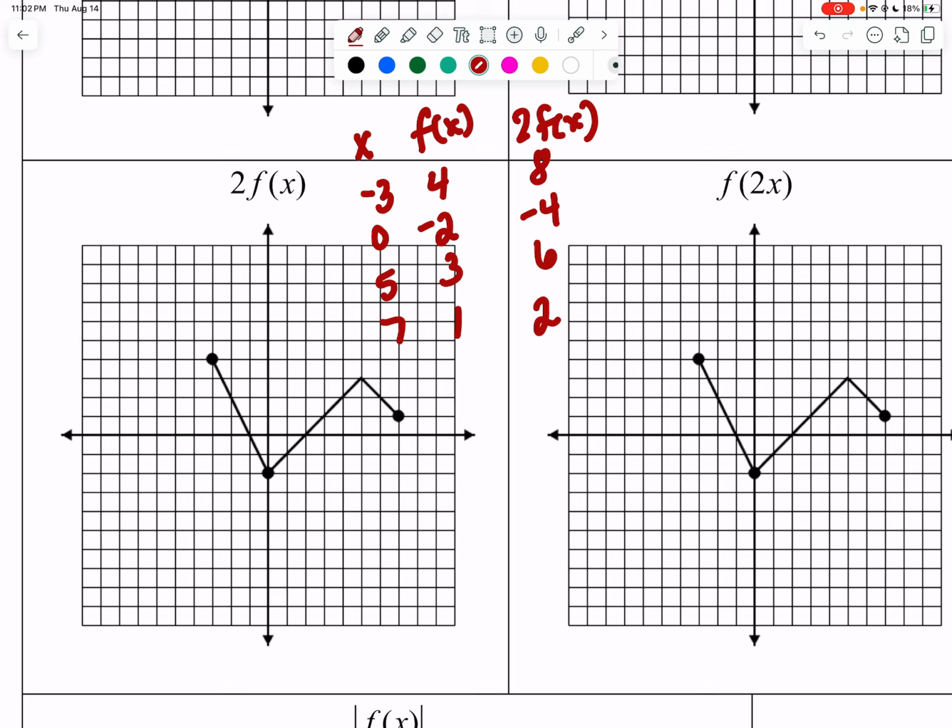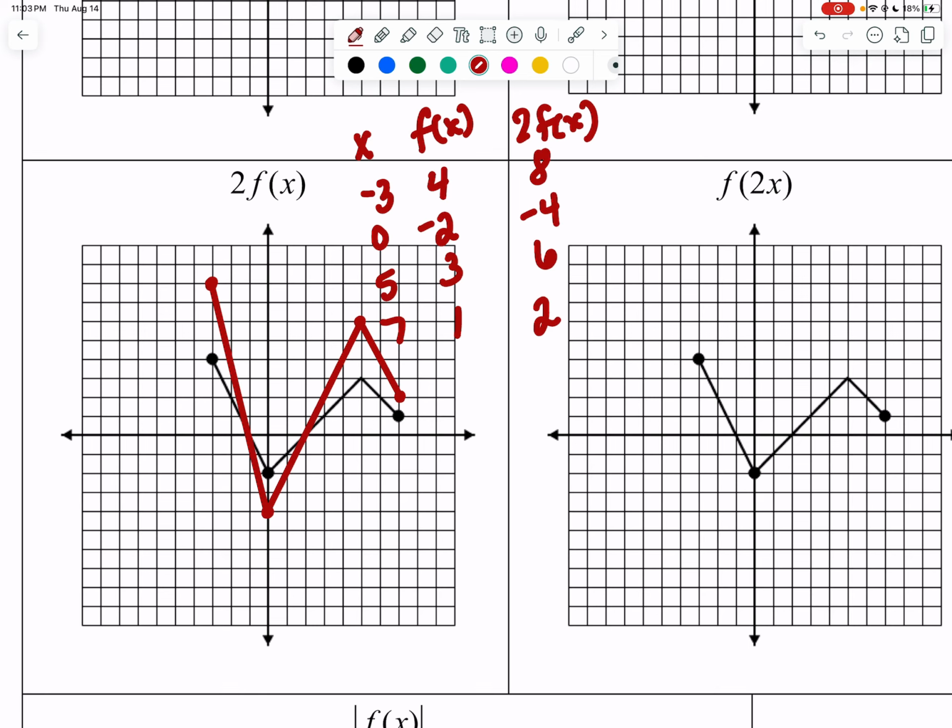So then I'm going to graph (-3, 8), (0, -4), (5, 6), and then (7, 2). This right here is a vertical stretch.